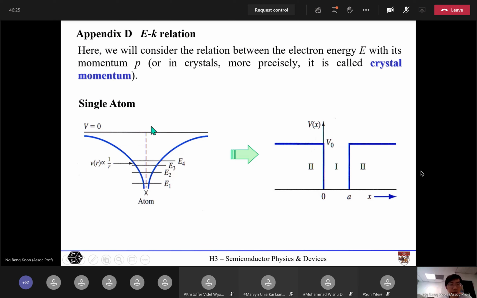If you look at a single atom, you have the nucleus, and we're interested in the behavior of this electron around it. The potential energy that the electron experiences is this 1/r relation.